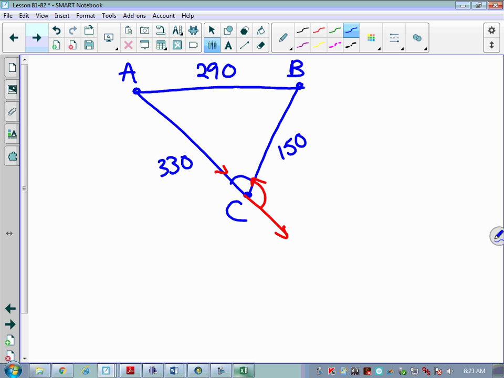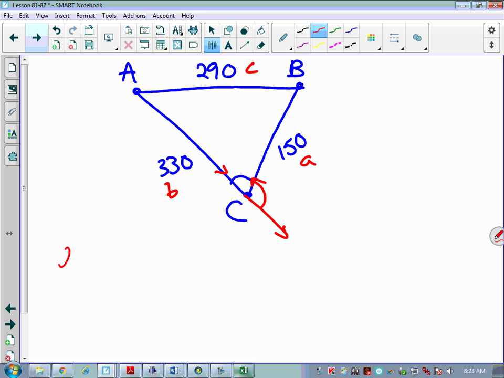Okay. All right. Let's go ahead and label our sides. So this is side A, this is side B, and this is side C. Okay, with me so far? Because we're looking for angle C, we're going to use that third equation.